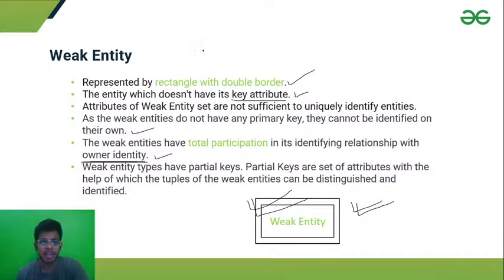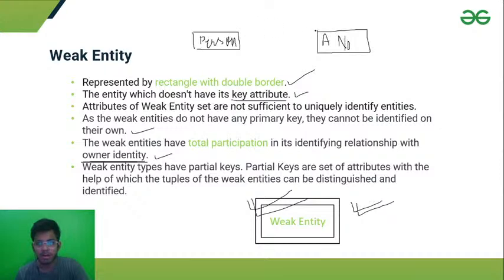For example, suppose person is an entity. Person is an entity, so it will have a weak entity like the Aadhaar card number. We all know that if a person exists, then only his or her Aadhaar card will exist, right?